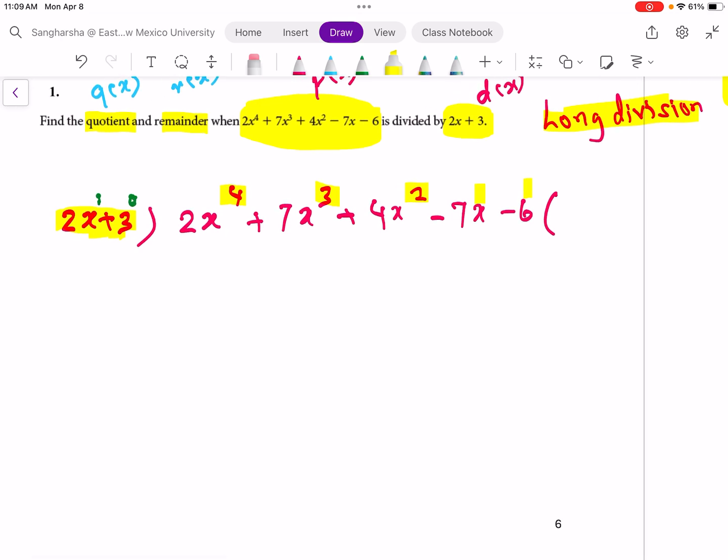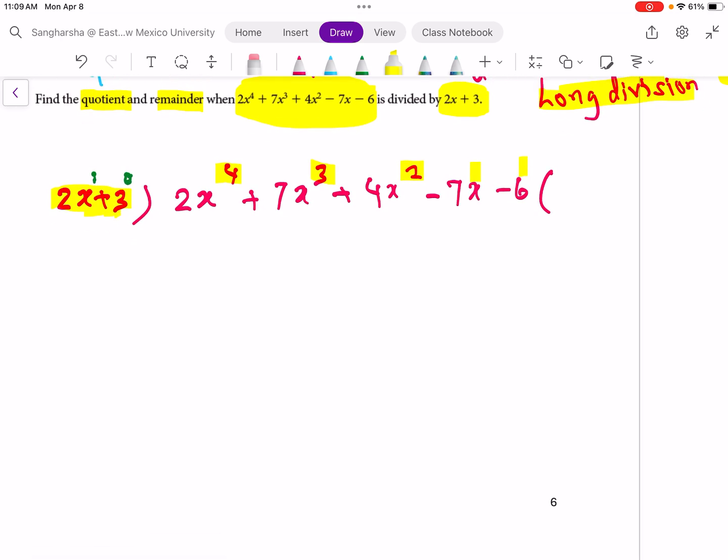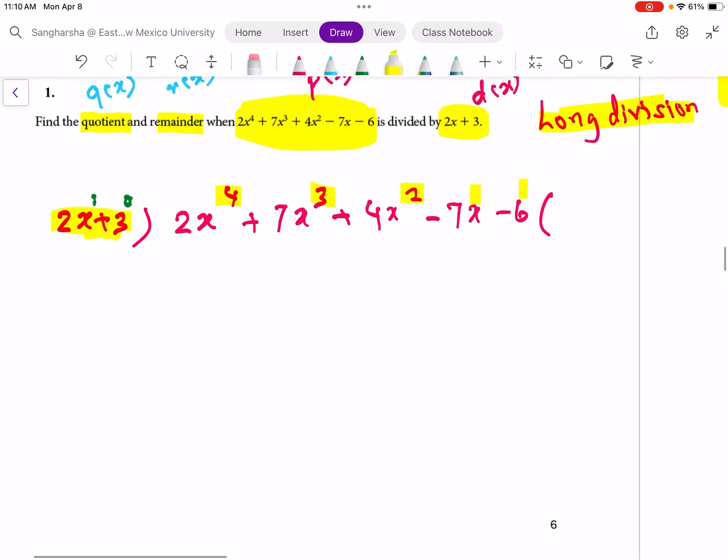Now the next step is that we take the leading term of the dividend and the leading term of the divisor. This is our dividend. Which one is the leading term? The leading term is the term with the highest degree. This term has a degree 4, so this first term is the term with the highest degree.